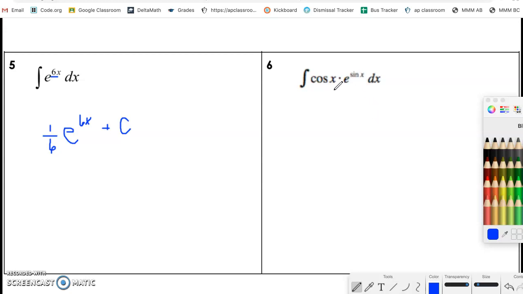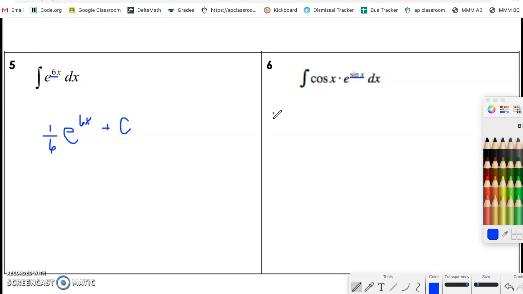So this next one, I have cos x times e to the sine x. So it's no longer this simple e to a coefficient times a variable. So I now have an actual expression in my variable.